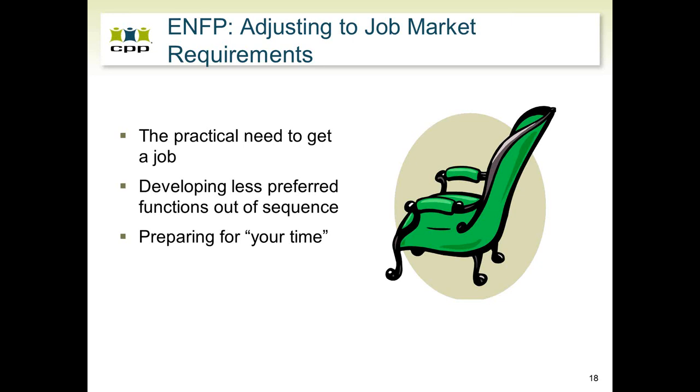But the central issue when being forced to develop non-preferred functions is to keep them as close to the heart of type as possible. In this case, developing ST but close to her NF passion for antiques and jewelry. She did begin an MBA program, but she also found a mentor, a woman who owned an antique restoration and sales business.